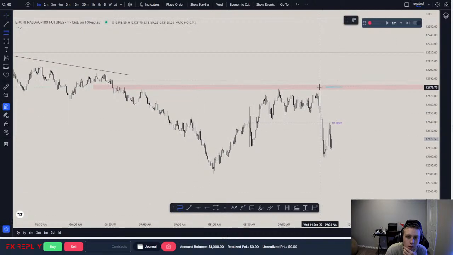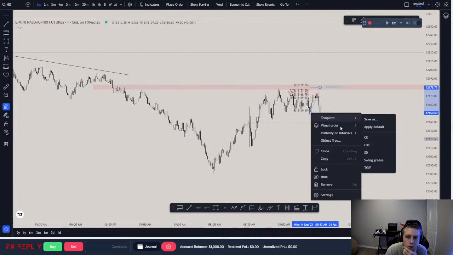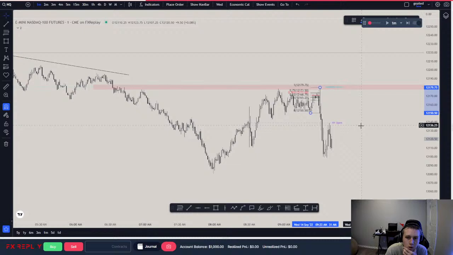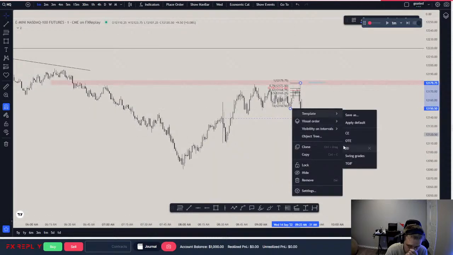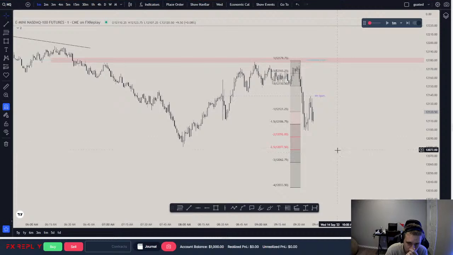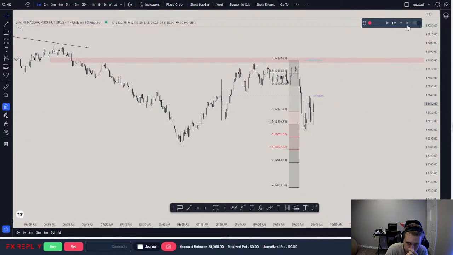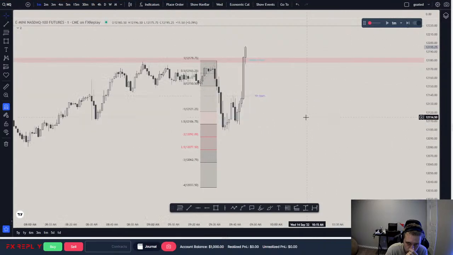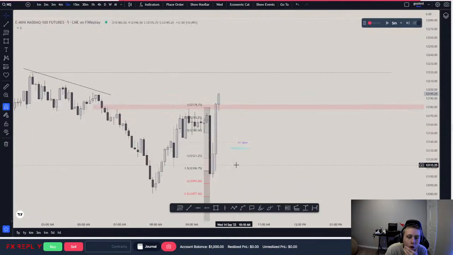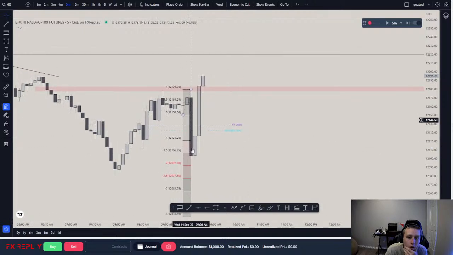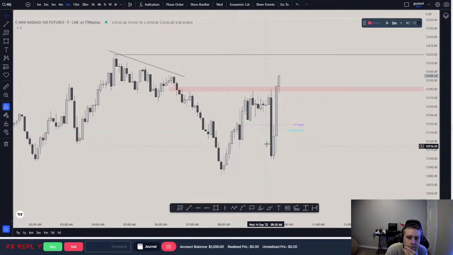I want a standard deviation. All right, that lines up. Okay. That's the Judas swing. Fair value gap in, fair value gap out.